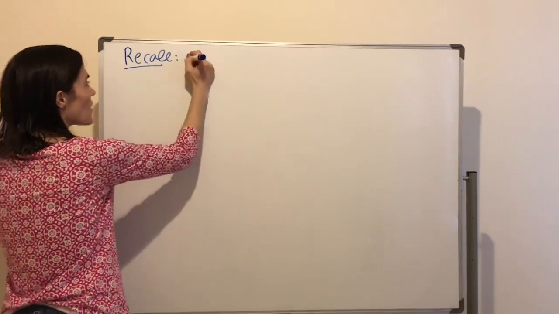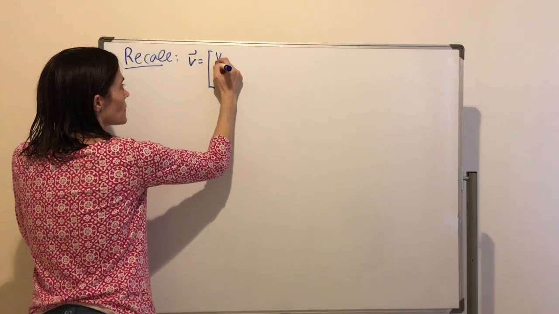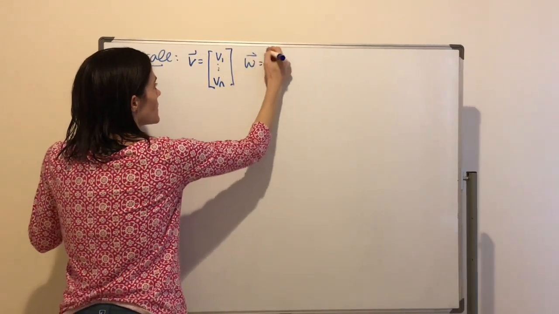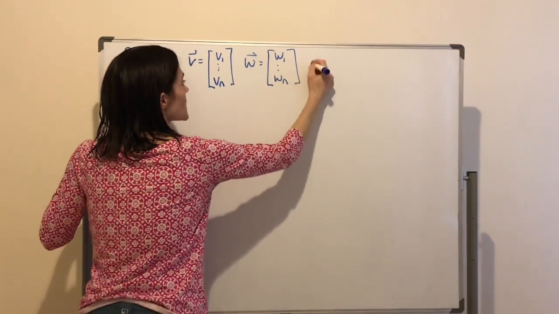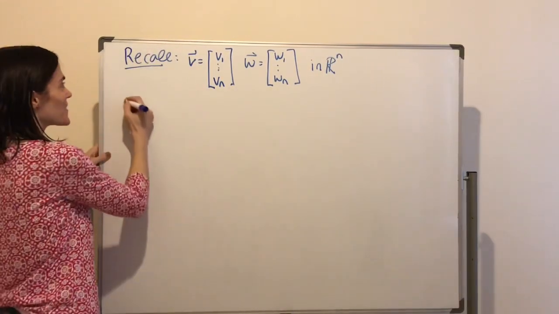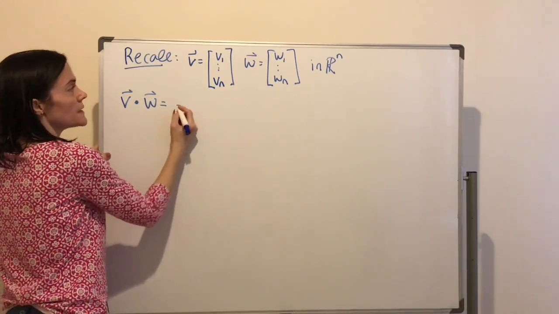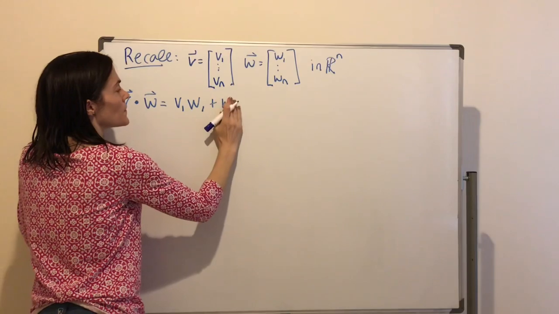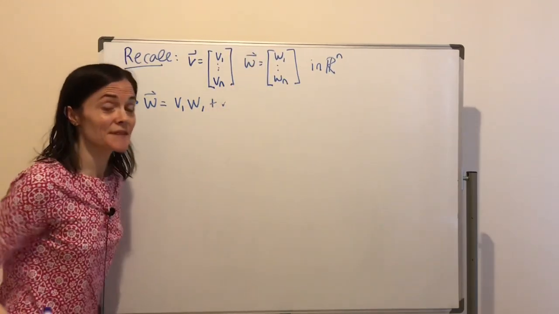So recall, let's say V is V1 to Vn, and W is W1 to Wn. These are vectors in Rn. Okay, well, the dot product, V dot W, we just multiply each corresponding entry and add.